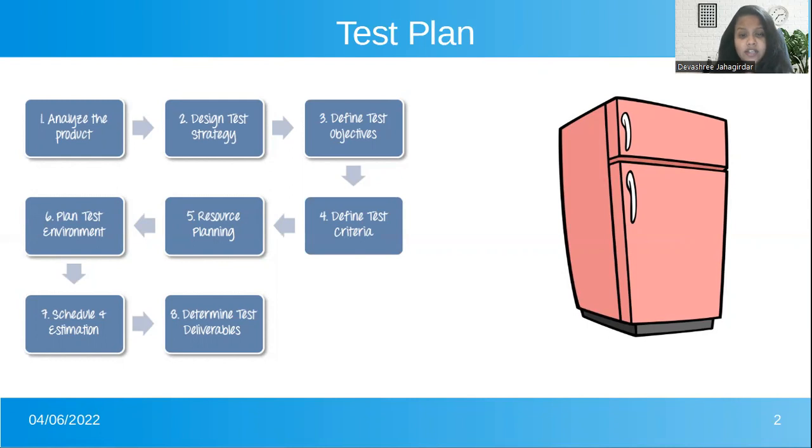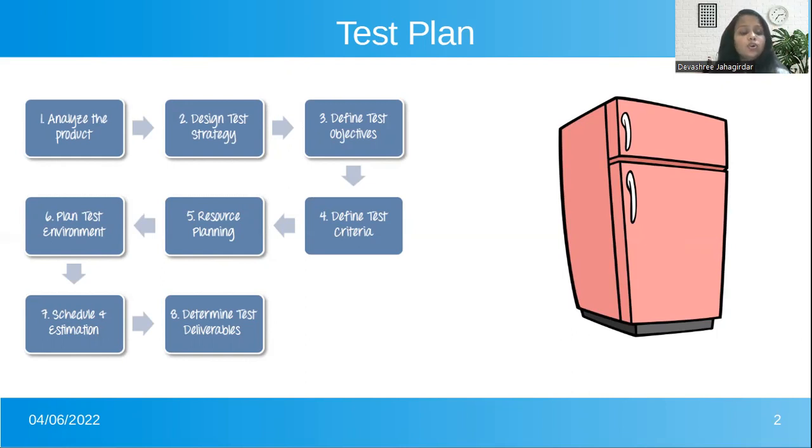Now, define test criteria. Here there are some rules, right? To perform the test cases or the testing, there are some rules or guidelines. So in the test criteria we define the rules to start the testing. Now the resource planning. Resource planning again is a major part of the test plan.